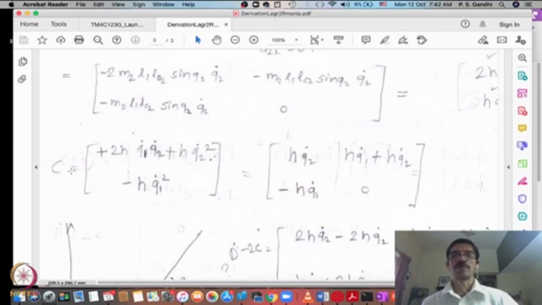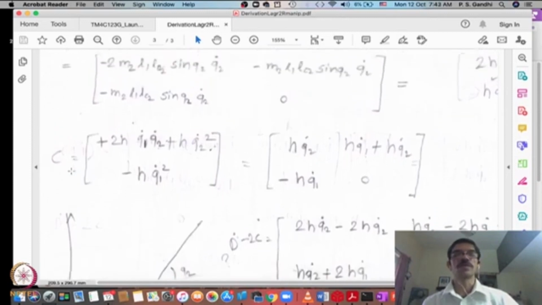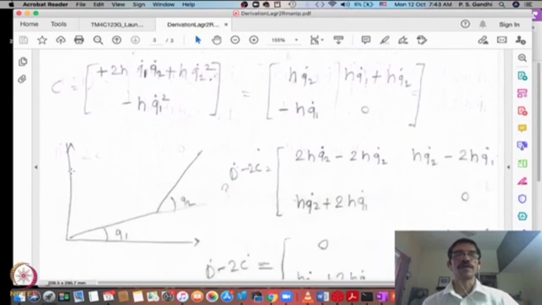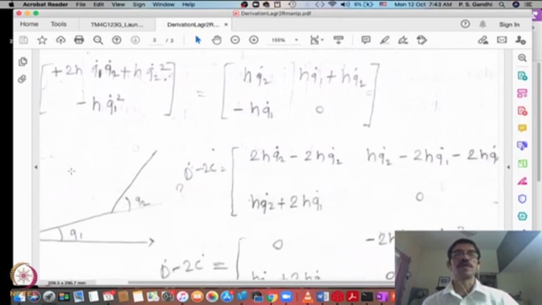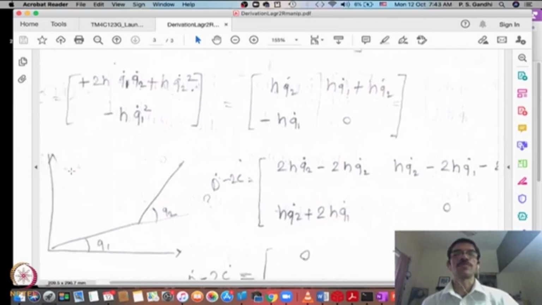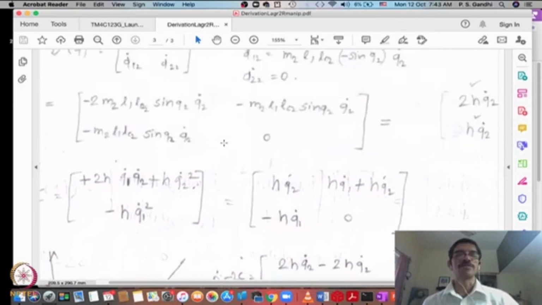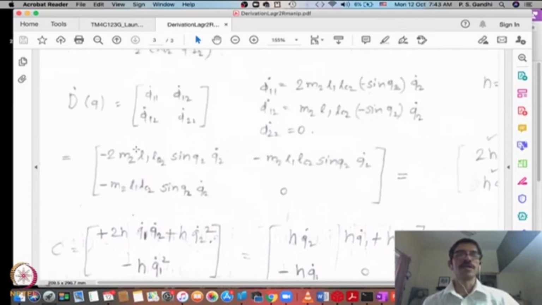My choice of this is going to be made so that I can use it for this property: D dot minus 2C. By expressing it in this kind of form, and seeing this D dot minus 2C, the D dot expression is this.